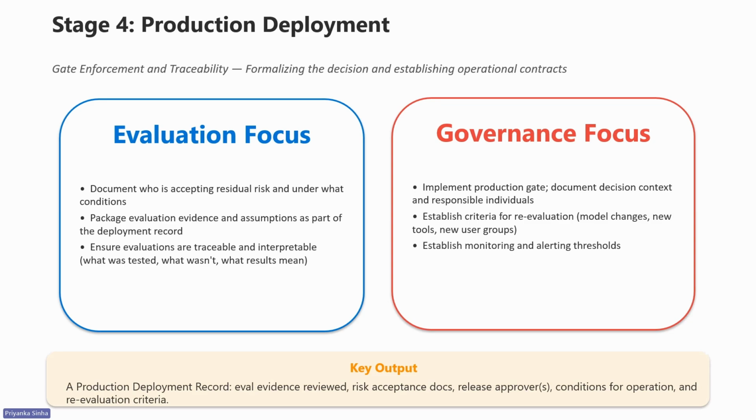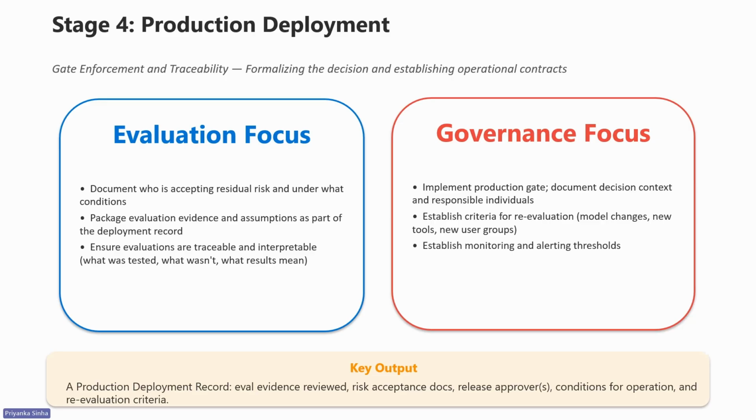On the evaluation side, someone must explicitly accept the residual risk and document under what conditions they are doing so. This evidence and these assumptions are packaged as part of the deployment record. This creates the audit trail, and evaluation must be traceable and interpretable: what was tested, what was not tested, and what the results mean in business terms.